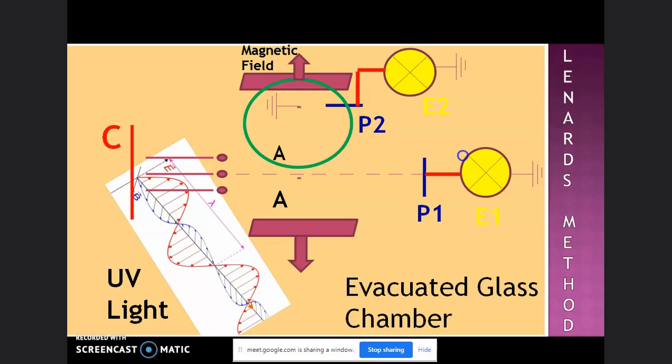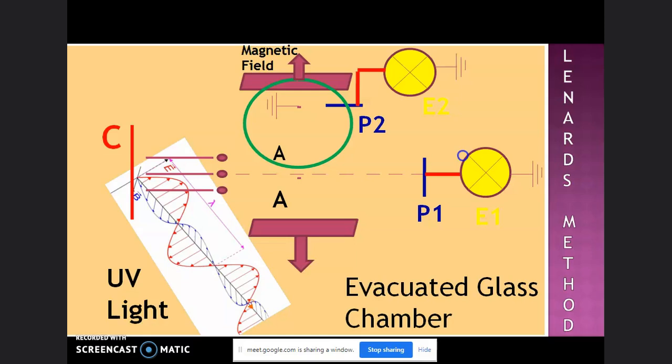And E1 and E2 are what? Electrometers. These two electrometers are placed and grounded. These two electrometers are used to measure the number of electrons produced by the cathode terminal.